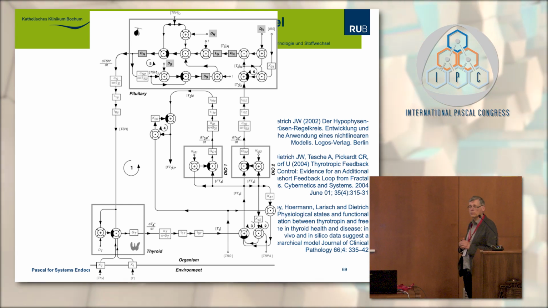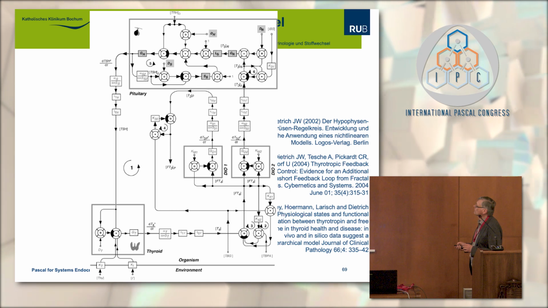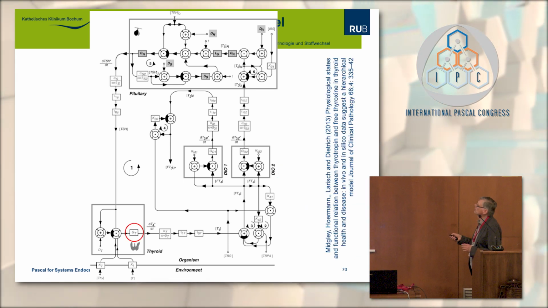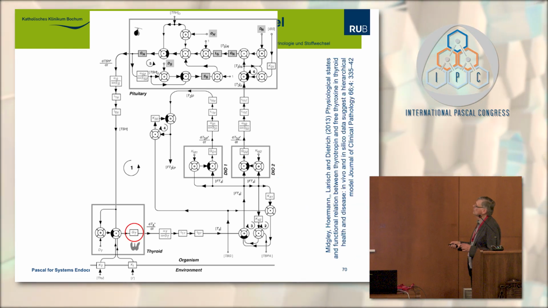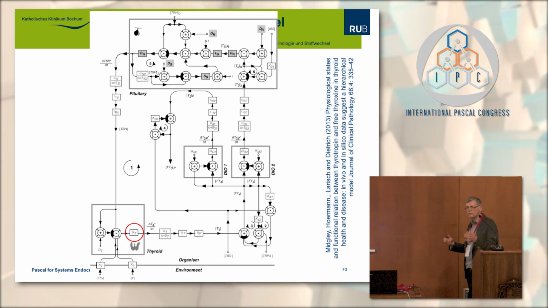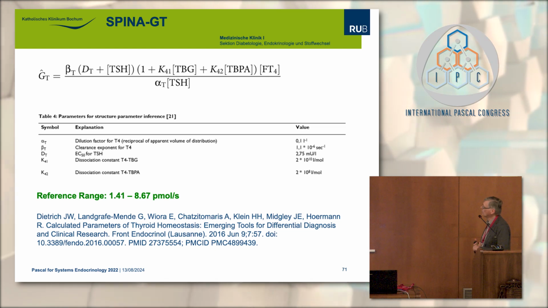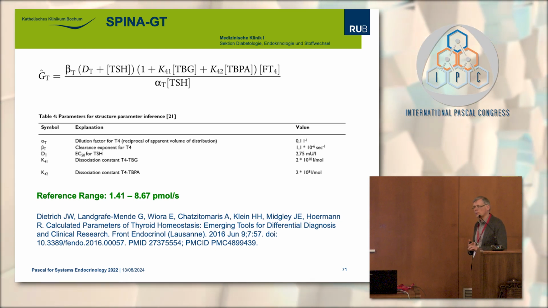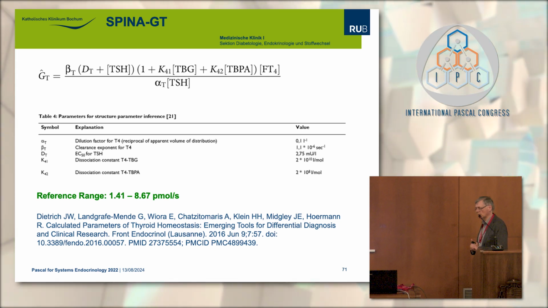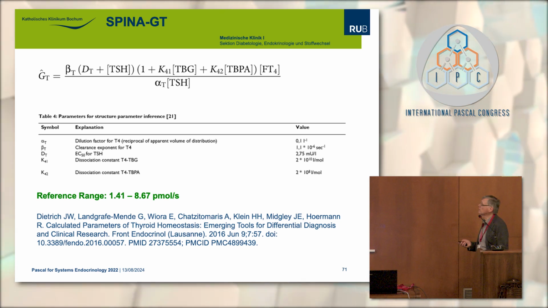This is the abbreviation for SPINA, our method. And this is a derivation of GT, the equation. We have defined reference ranges for this, and we have made an extensive clinical evaluation of these parameters with more than 10,000 subjects to get reliable reference ranges and to get information on how this can be translated to clinical practice.